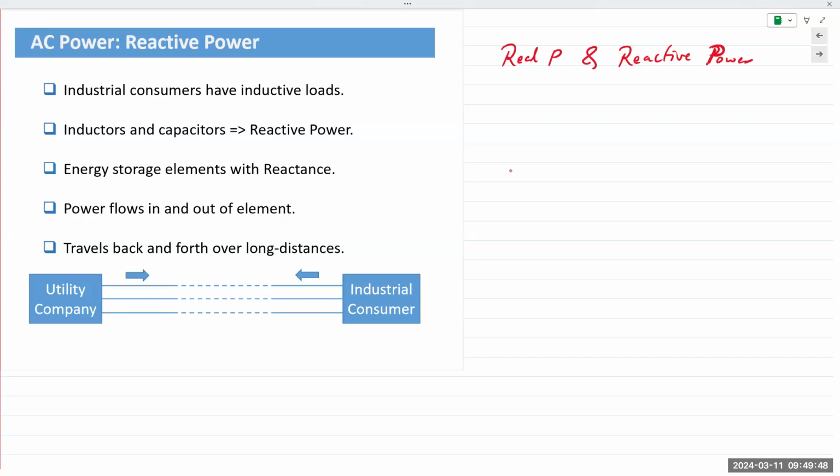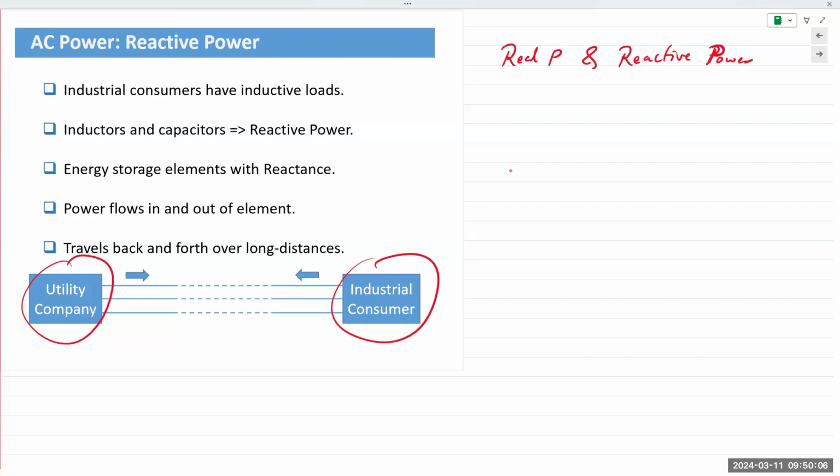So again, it is expensive for both the industrial customer as well as the utility company. The utility company does not want to send all of this back and forth, neither does the industrial customer, because they have to keep paying for power that is not actually being used.